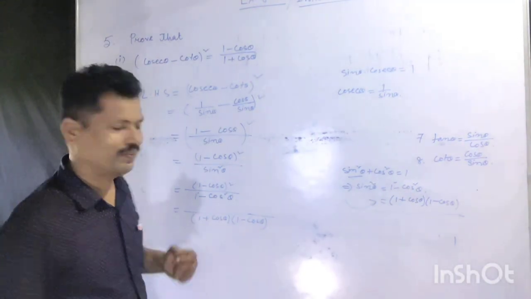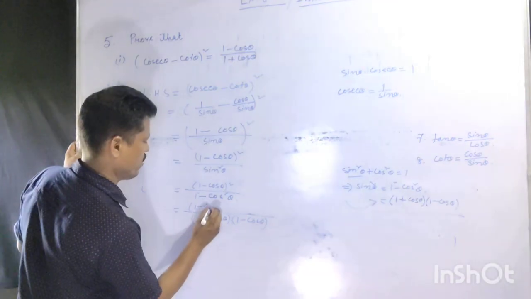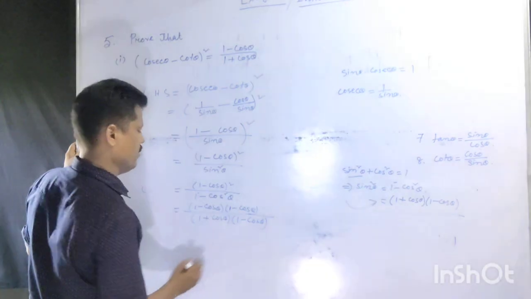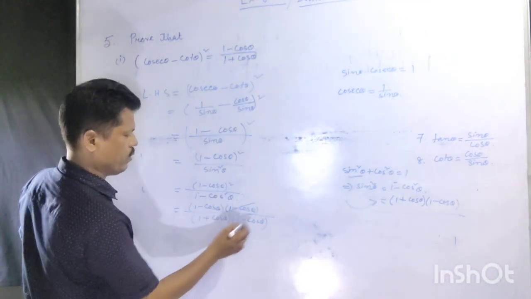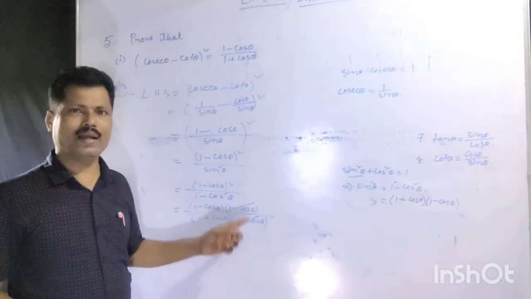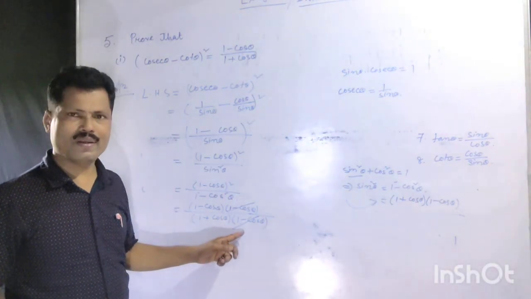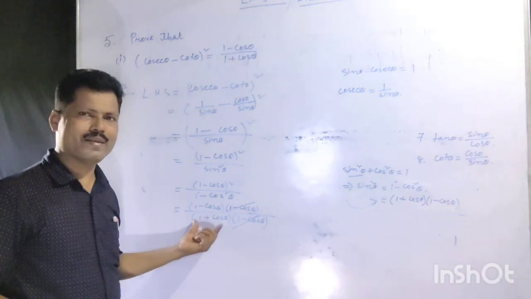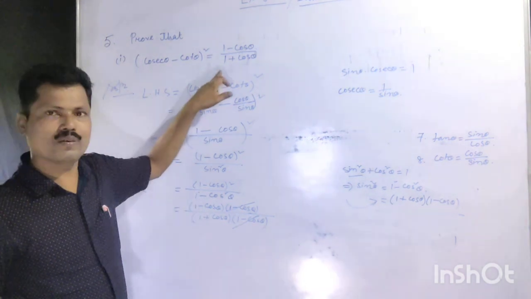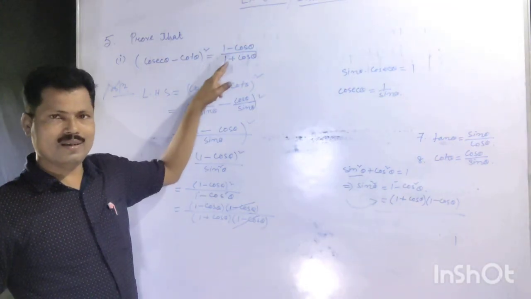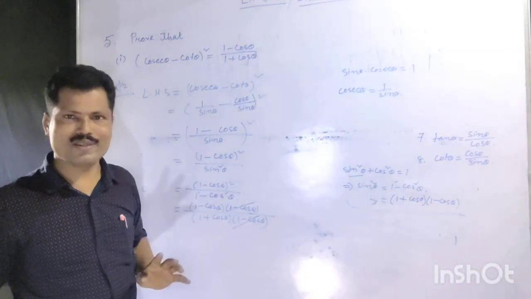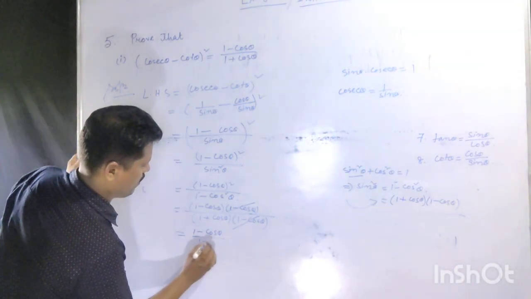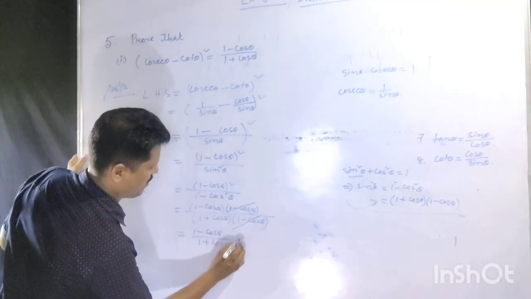Here we have 1 minus cos theta in the upper part and also in the lower part, so we can cancel it. Now we have 1 minus cos theta in the numerator and 1 plus cos theta in the denominator. So (1 minus cos theta) by (1 plus cos theta), this is the right hand side.